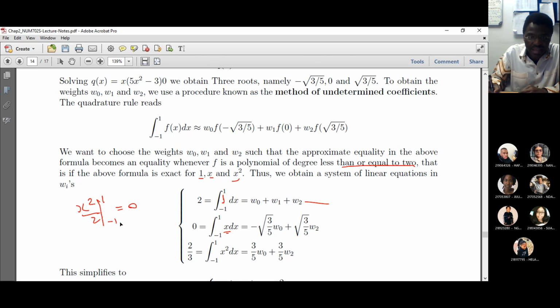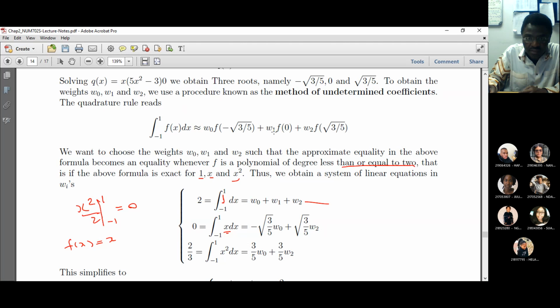Now I take f of x equal to x, because k is 1, and I substitute here, saying it's exact for that x to the k. If I substitute negative square root of 3 by 5 here, f of negative square root of 3 by 5 is negative square root of 3 by 5, and you multiply it by W0.